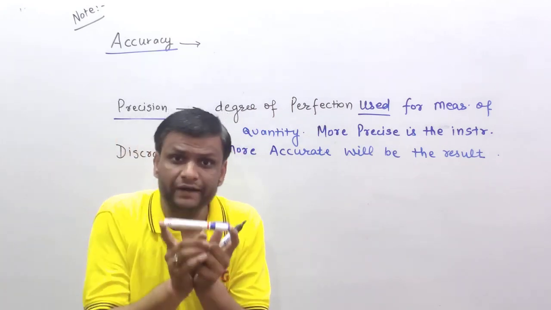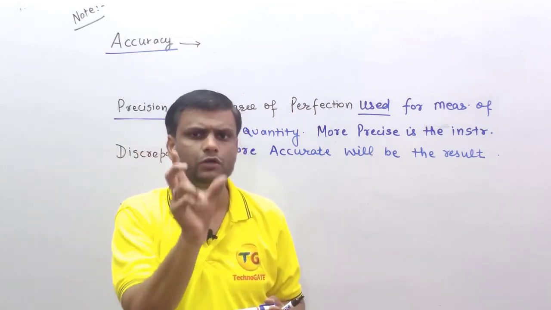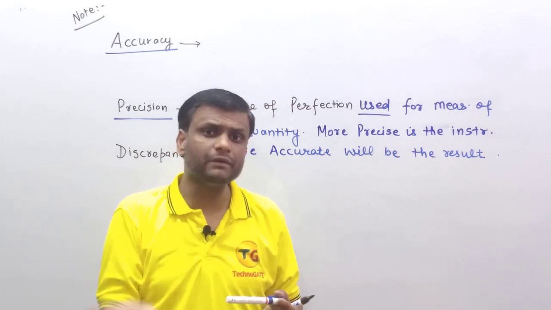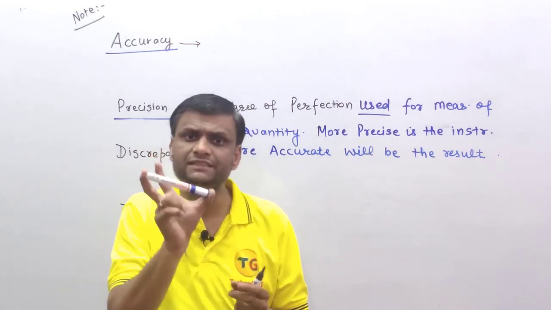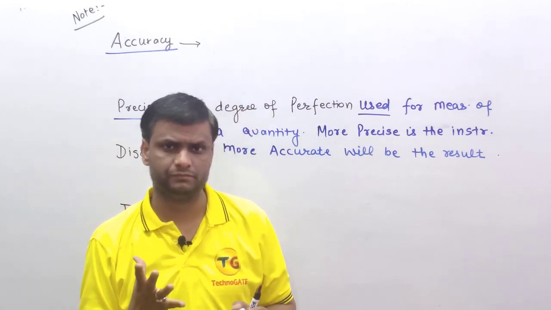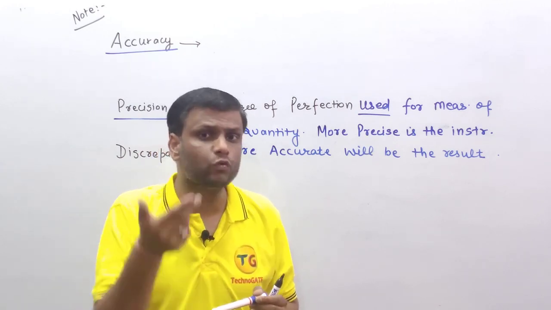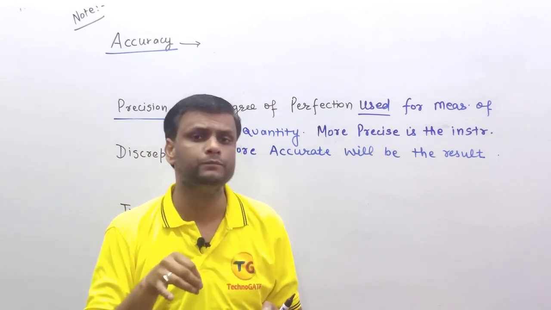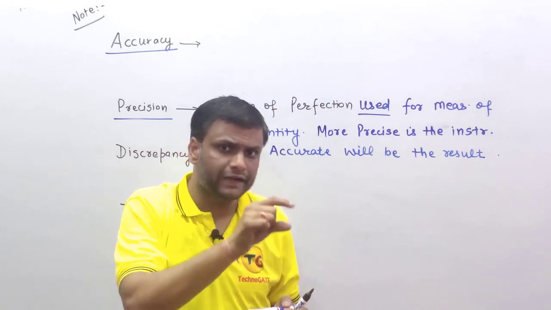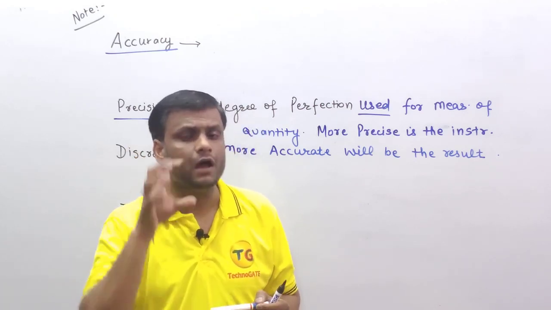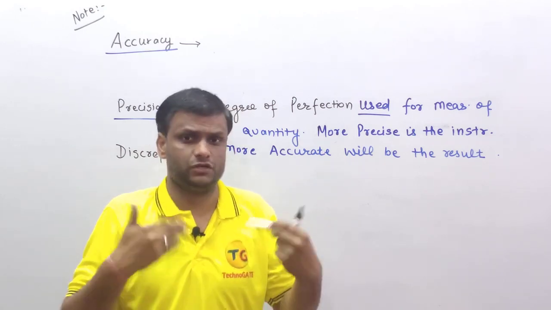Let us suppose this pen has a length of 2 centimeter, and after measurement with that instrument, I found the length as 1.99 centimeter, which is very close to 2 centimeter, or 2.01 centimeter, which is also very close to 2 centimeter. So we can say the accurate result is there.